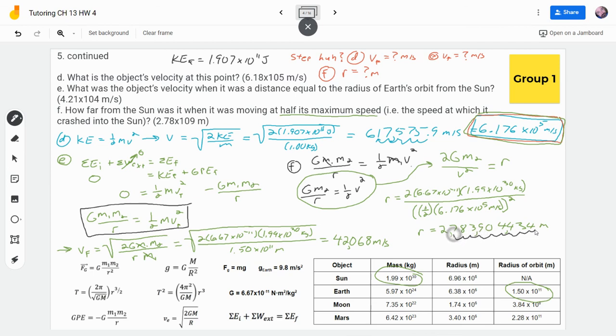So I'm moving it over 9 places. So this big unwieldy number is the same thing as r is equal to 2.78 times 10 to the 9th meters. 2.78 billion meters. Yeah, that number is big. I'd rather write that as in scientific notation. So there you go.